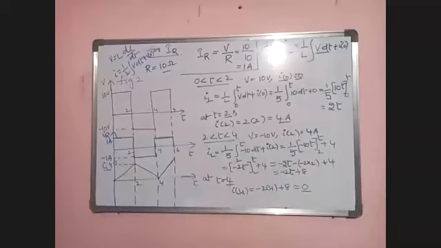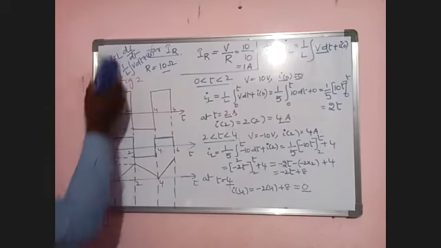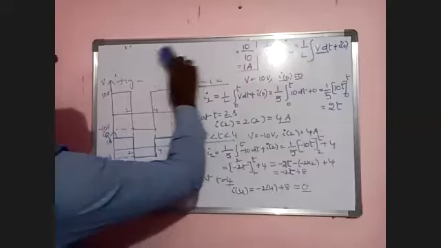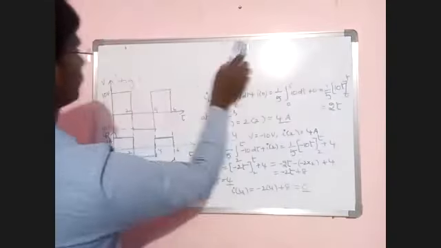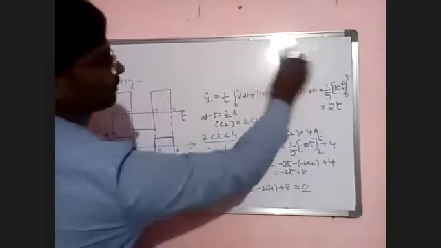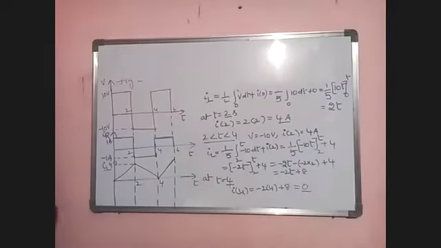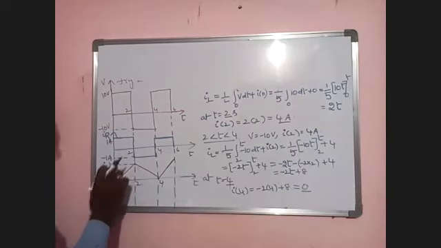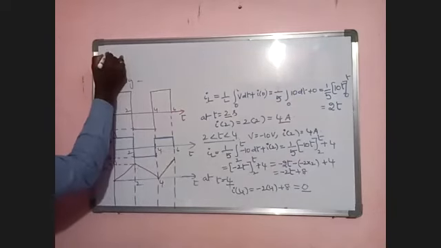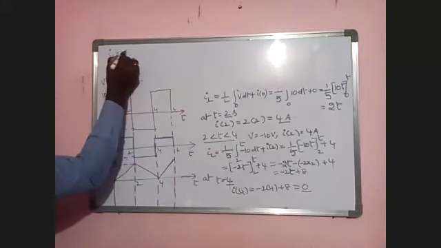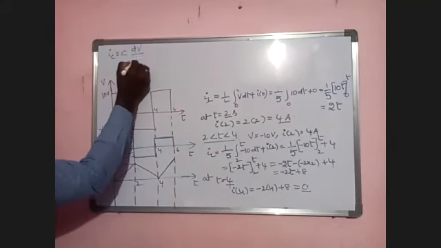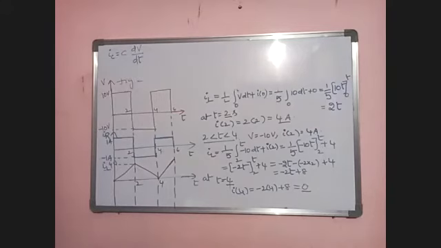Then we need to find one more, that is I C. For that, come to the top. What is the relation between V and I in a capacitor? I C is equal to C into dV by dt.